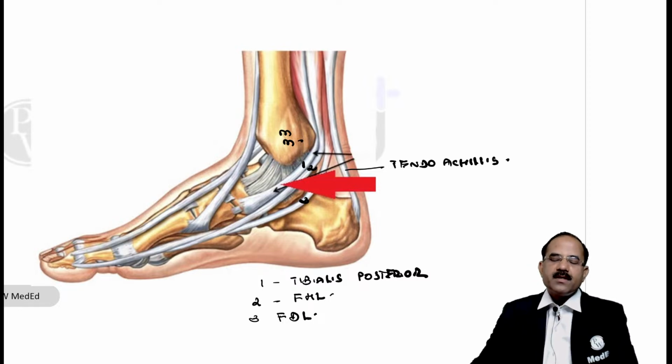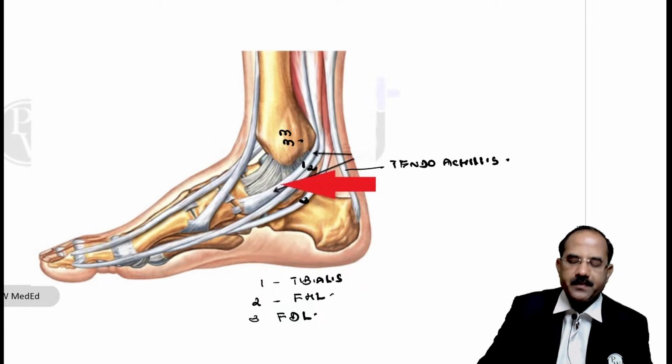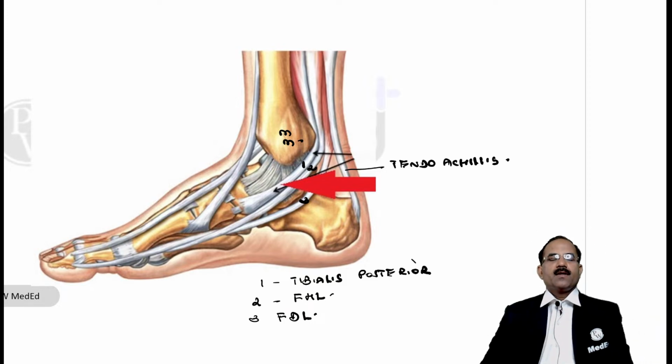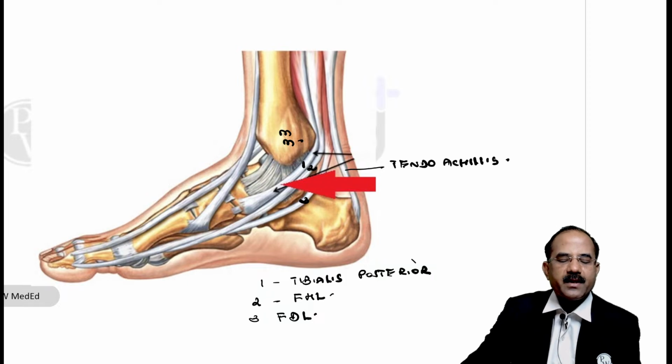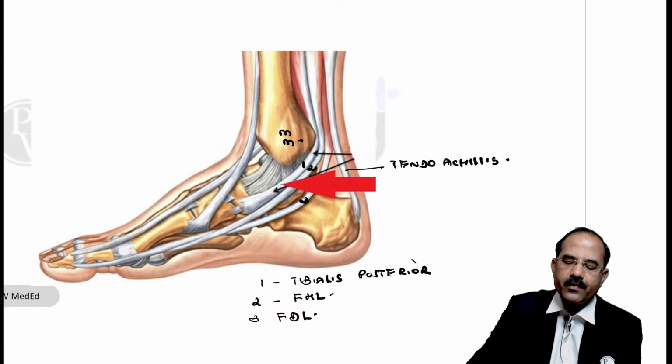So number 1 is tibialis posterior. Medial compartment है ये, so that's tibialis posterior. Yes, very good, Mohit. Very nice.